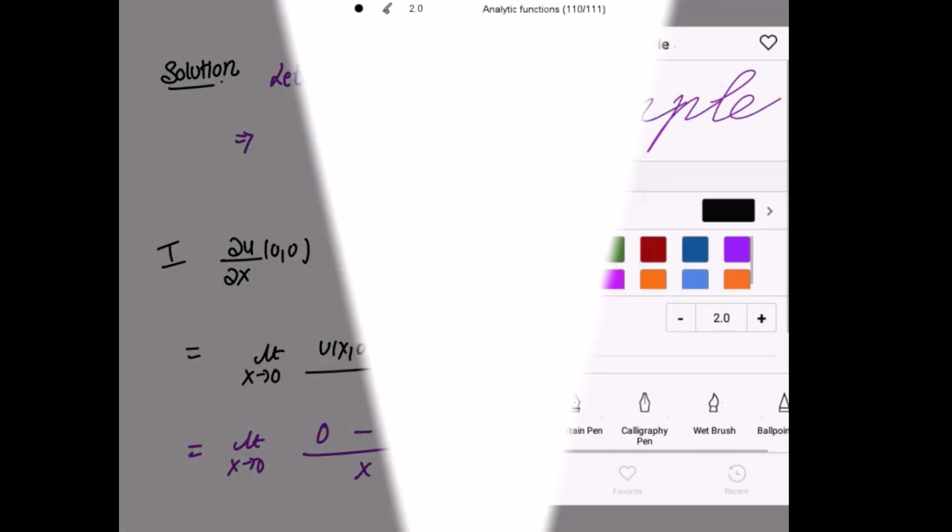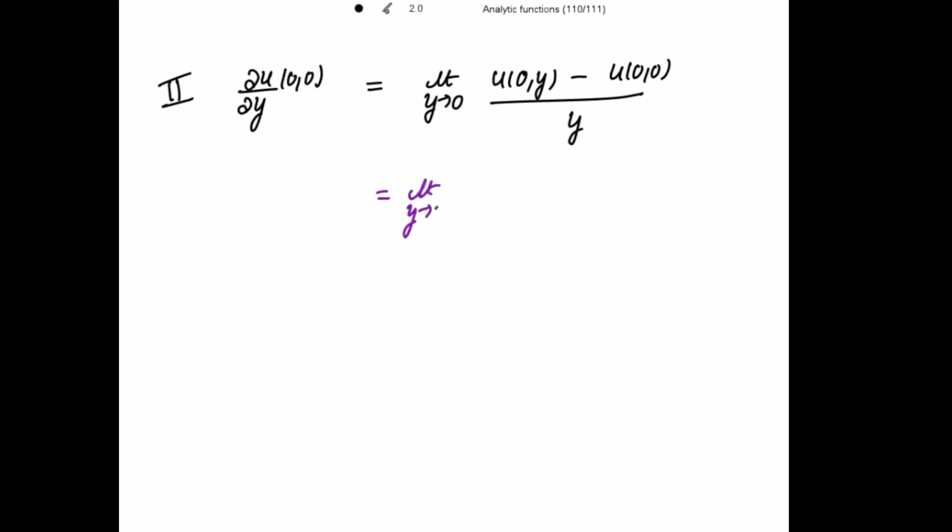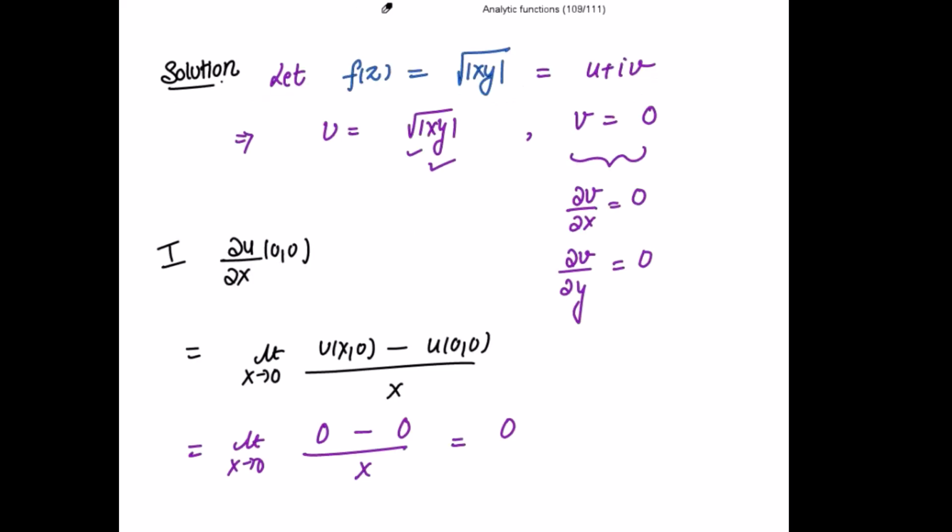Similarly, we can find the partial derivative of u with respect to y at the origin. This is equal to limit y tending to 0 of [u(0,y) minus u(0,0)] divided by y. Now for u(0,y) we put x equal to 0 and y as it is, so that is 0.